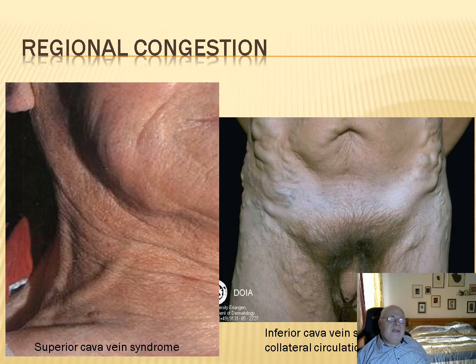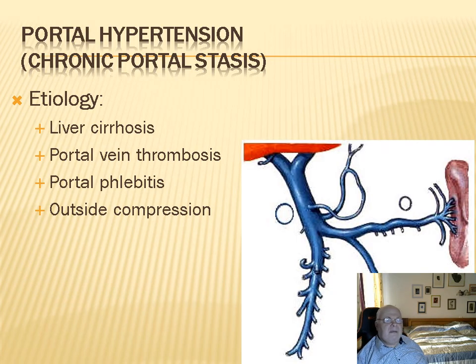But we are not discussing them at all, both of them being the result of occlusion, usually by thrombosis, of these very important large veins, which are the superior cava and inferior cava vein. But both of them are extremely rare in practice.